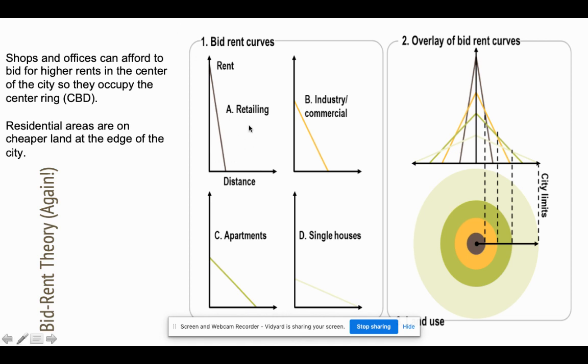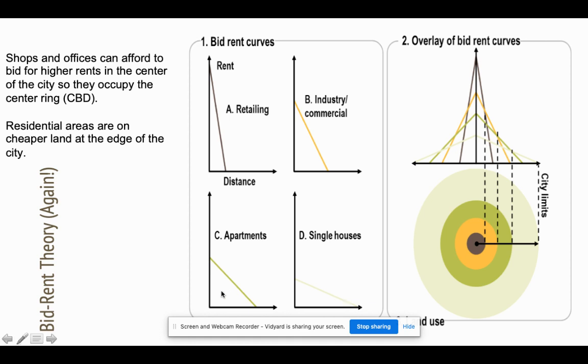So if we look at the bid rent curve, okay, the thing that typically is further apart from the city is single houses. A single family is less likely to be able to afford something super close to the central business district, which is typically why we see a lot of single family homes further away from the city.